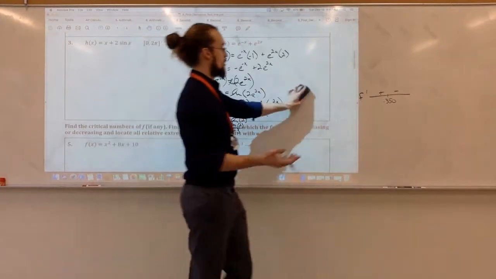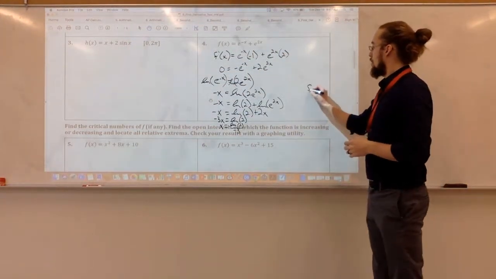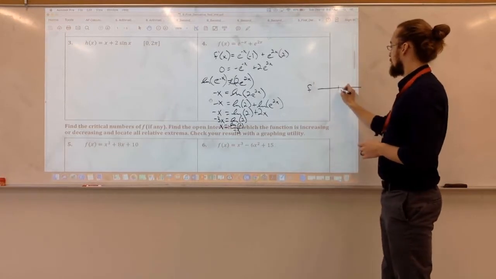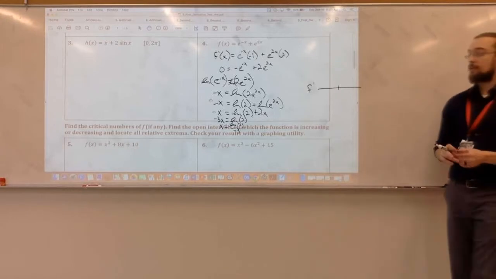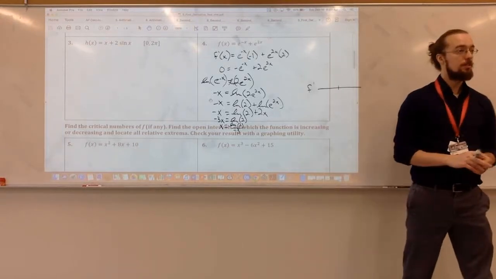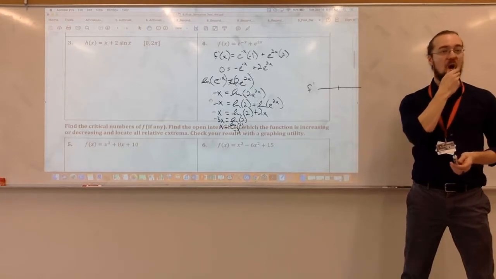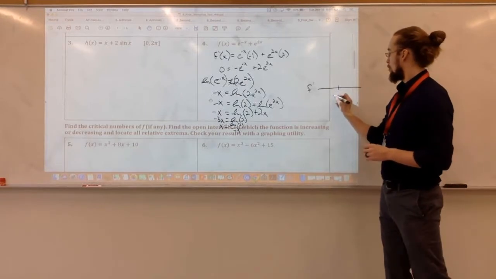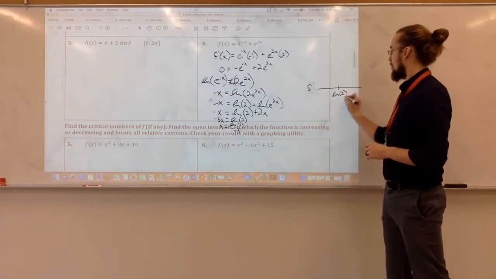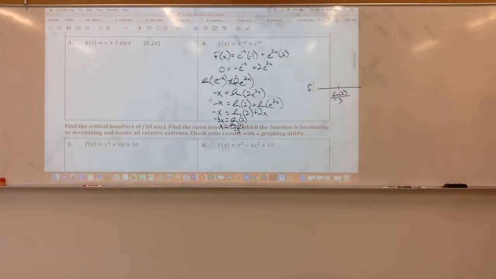So that's my vertical value. Put that on my sign chart. Do you guys want to see the other way that we could have solved it or not? Okay. So we just want to put that value here, and then plug in a value less than and a value greater than.